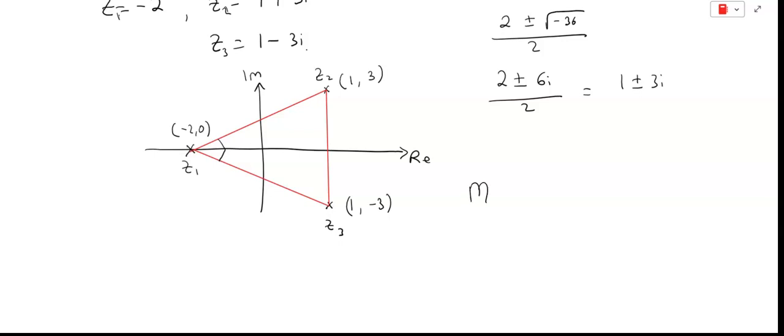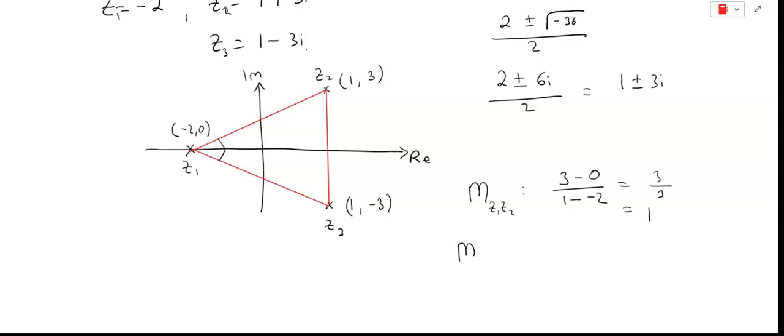So if I look at the gradient between z1 and z2, that's going to be change in y over change in x. And that gives me 3 over 3, which is 1.